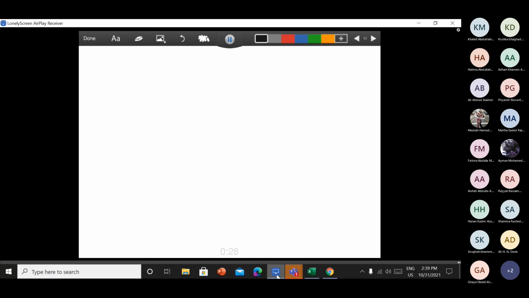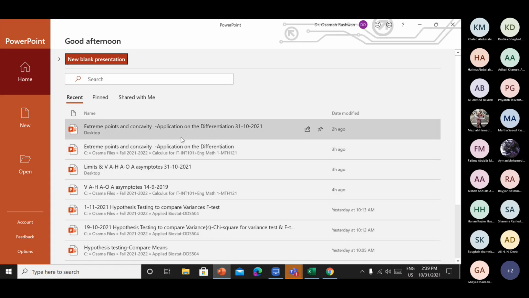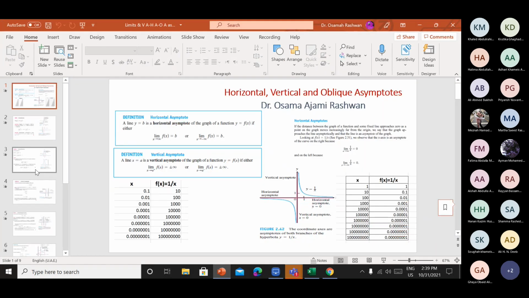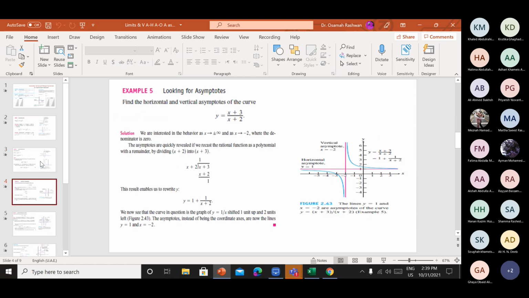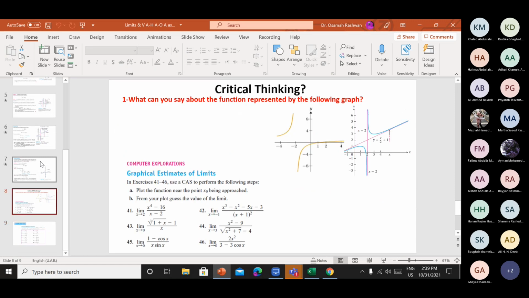Now, let's go for some exercises and check how to find the vertical asymptotes for some functions, right? Let's go how to solve this one together.